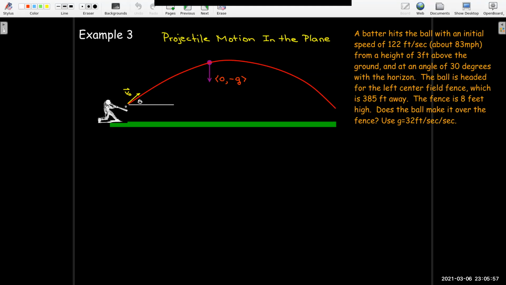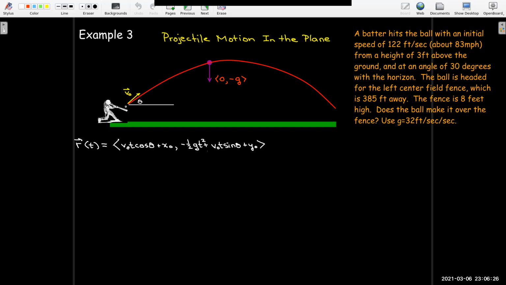It's headed straight to left center field, where there's a fence which is 8 feet high. And the question we'd like to know is, does the ball go over the fence, which is 385 feet away? And we're told to use 32 feet per second squared for the acceleration of gravity.